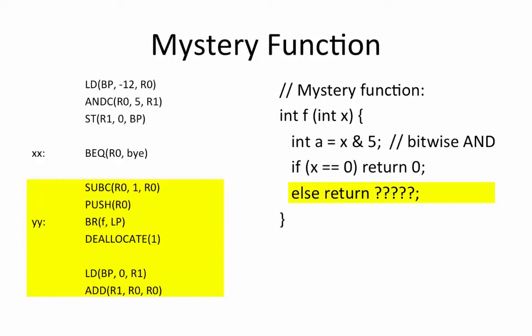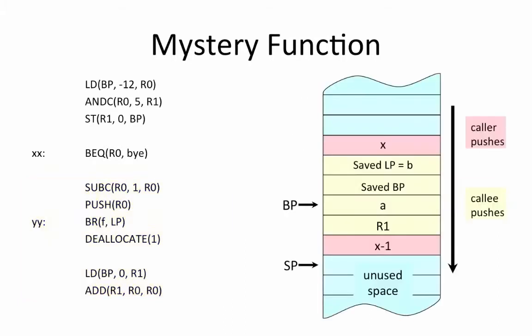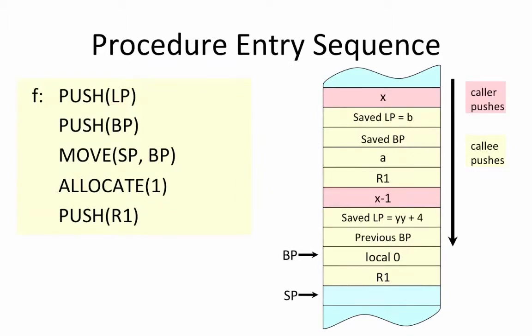We also see that LP gets updated with a new return address, which is YY plus 4. So just before our recursive call to F with a new argument x minus 1, our stack looks like this. After the procedure entry sequence is executed in the first recursive call, our stack looks like this.